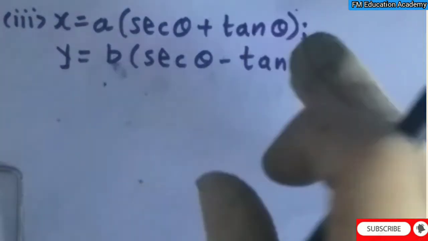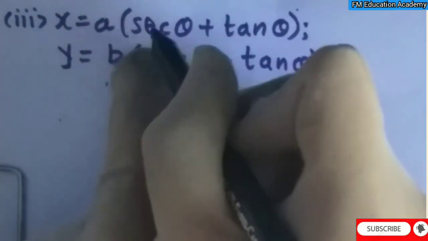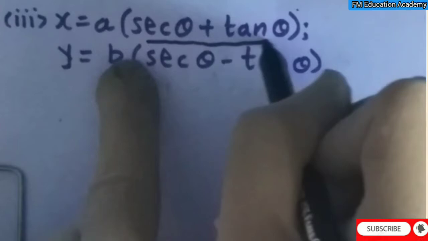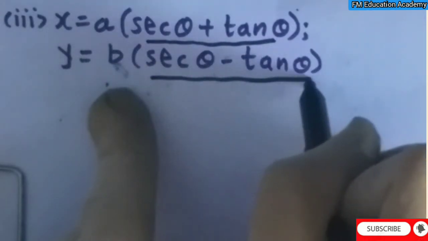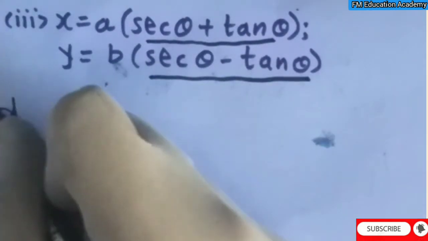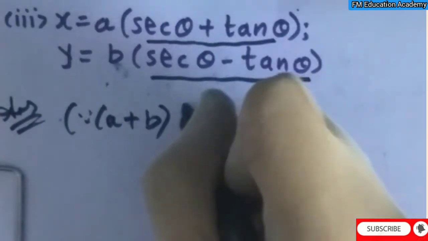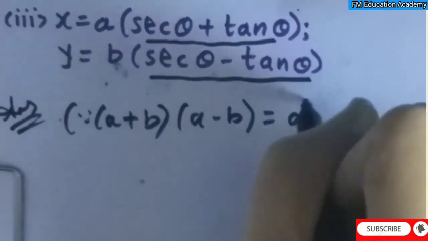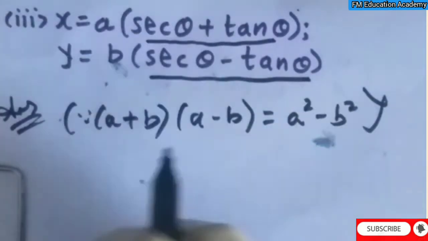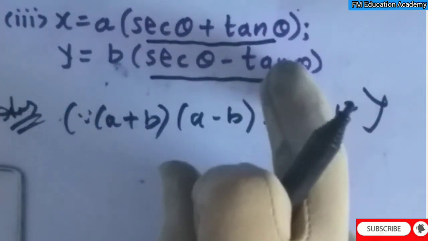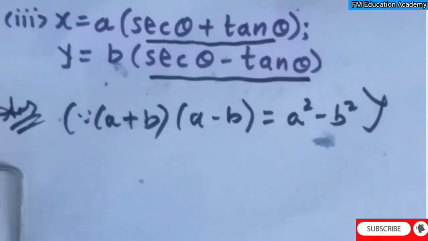What do you observe? Here we observe that this is of the form a plus b and this is of the form a minus b. We know we have an identity: a plus b into a minus b is equal to a square minus b square. So here we can consider a as secant theta and b as tan theta and we can resolve it. So for that, what we need to do?